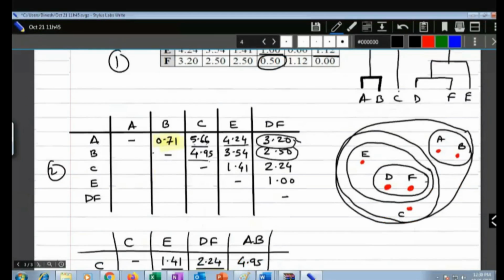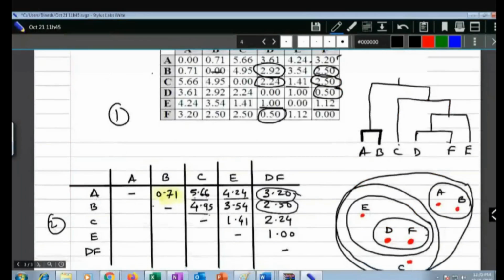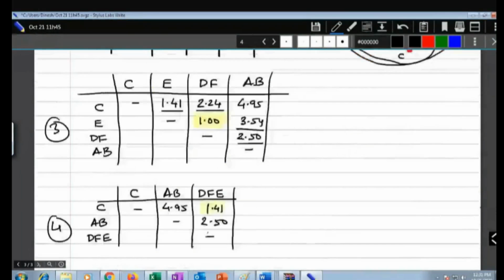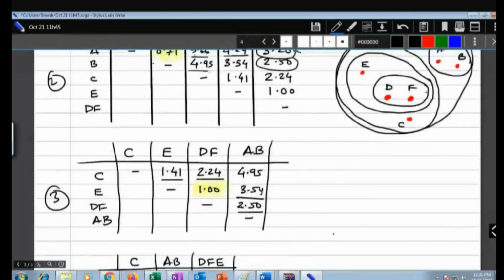Okay. So you can have this as a dendrogram. So I will write the dendrogram nicely. So let's say this is D and F. So first D and F is merged. Then A and B is merged. Then E is merged with DF.